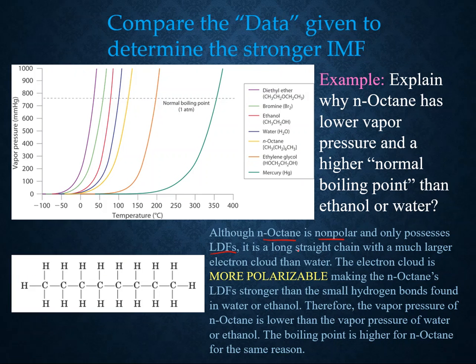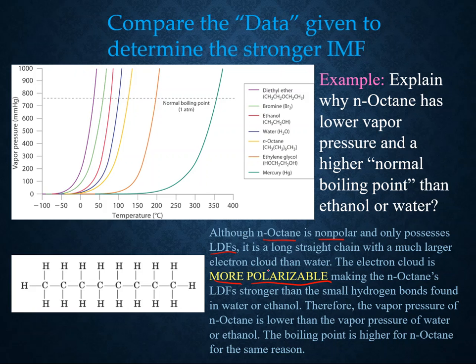It's a long straight chain, much larger electron cloud than water or ethanol. The electron cloud is more polarizable, making it have stronger LDF forces, and that's going to show why the normal boiling point is higher and the vapor pressure is lower for octane, having stronger forces.